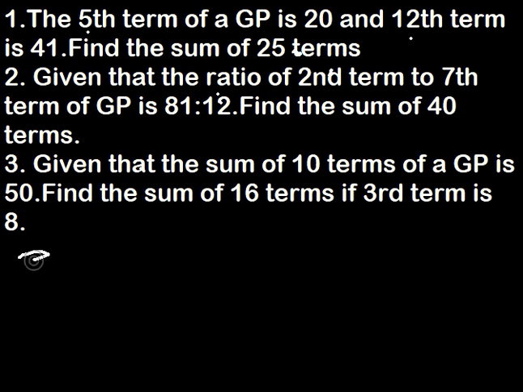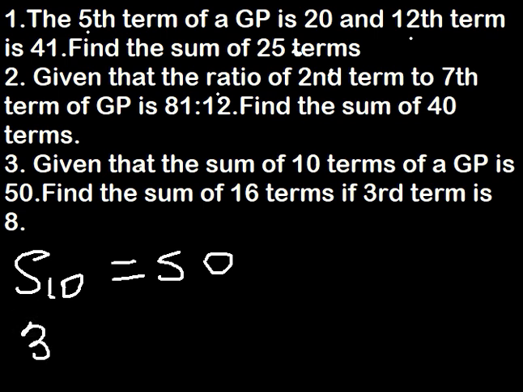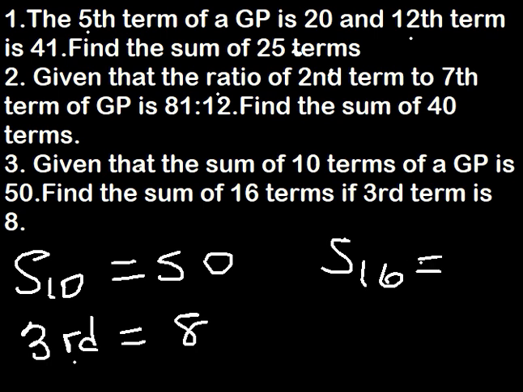We are sure that the sum of 10 terms is given as 50, and the 3rd term is given as 8. Now we have to find the sum of 16 terms.